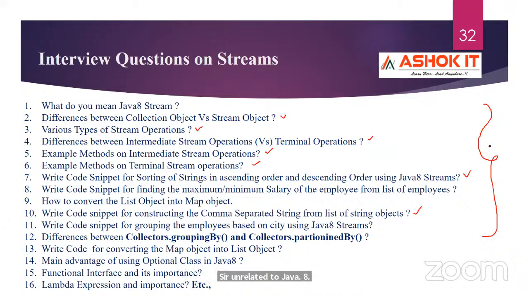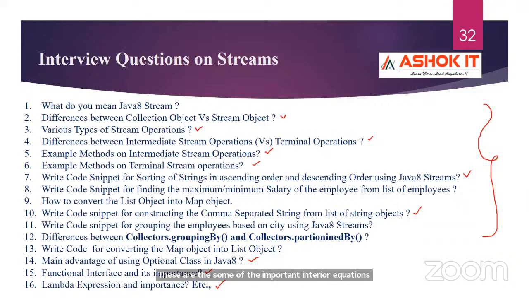We talked about the importance of the Optional class, and of functional interfaces and lambda expressions. Okay, fine. These are some of the important interview questions related to Java 8, guys.